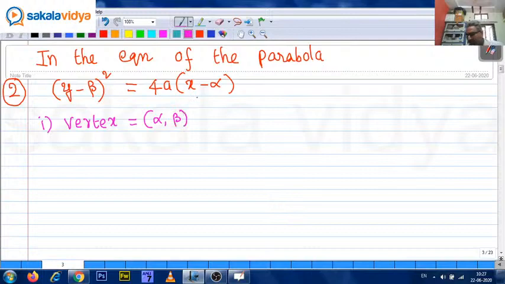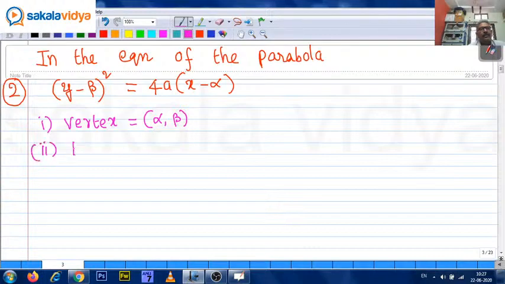Very simple. You remember one thing: the non-square term is equated to 0 and the square term is equated to 0. X minus alpha is equal to 0, the square term, y minus beta square is equal to 0. You get alpha comma beta. Right. Next, second one.